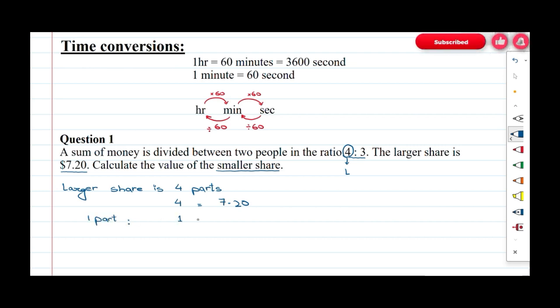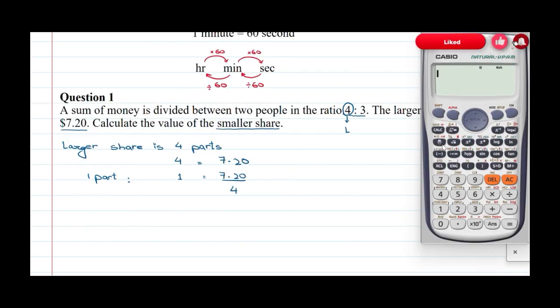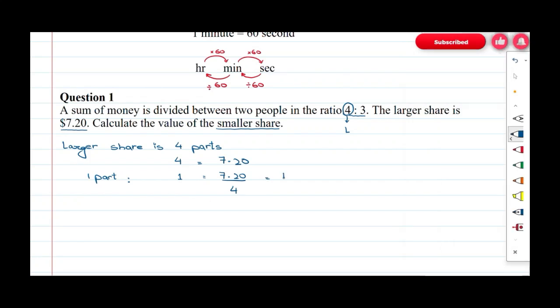To get 1 part, we divide $7.20 by 4, right? $7.20 divided by 4 is 1.8. So one part is 1.8. We need to figure out the value of the smaller share. So the smaller share is 3 parts.